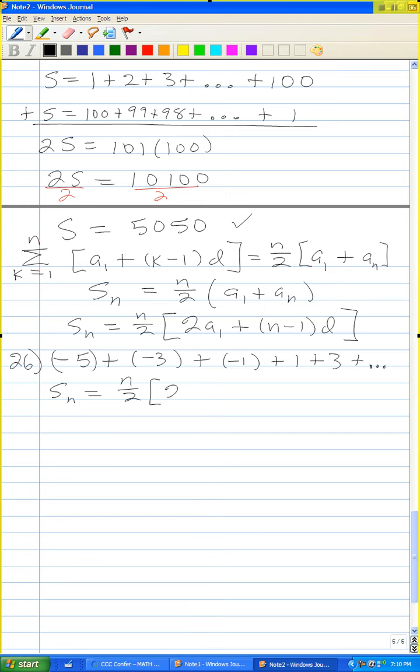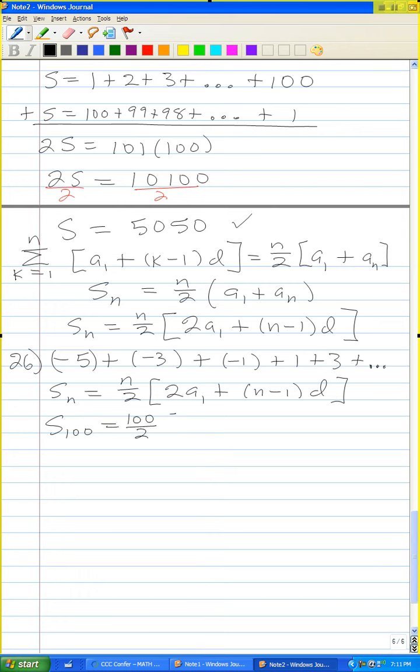And so this is 2a1 plus n minus 1 d. And so I want to add up the first 100 terms. Again, it says in exercises 25 through 30, find the sum of the first 100 terms of the arithmetic series whose first few terms are given.